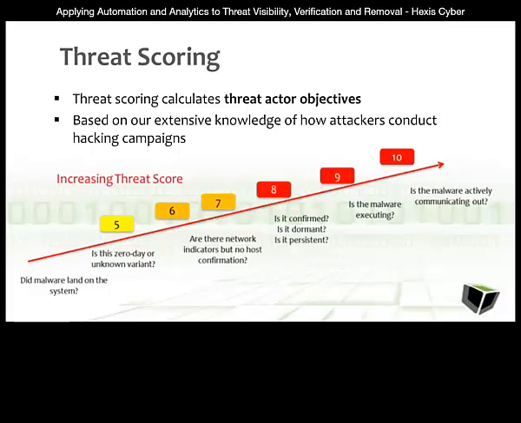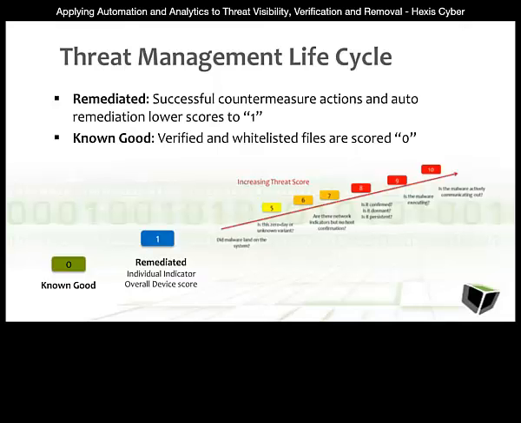So remember how I talked about that you can do auto remediation, that our real-time eventing does that? That lines up into our threat management lifecycle. So once again, most detection is always new indicators, new alerts, new indicators. We actually will tell you when something has been remediated. When an individual indicator has been remediated, the process is killed, the file is quarantined, the registry persistence has been removed.